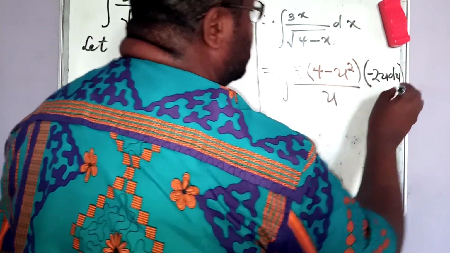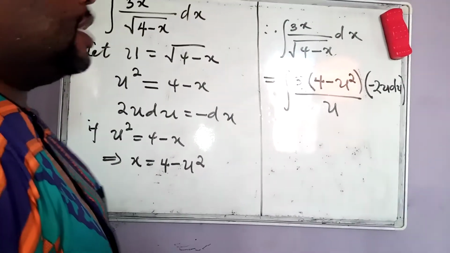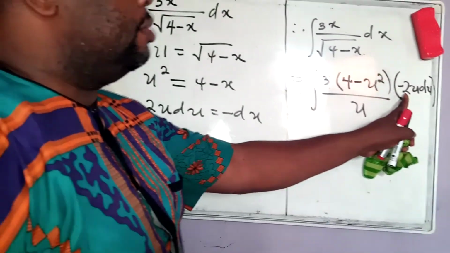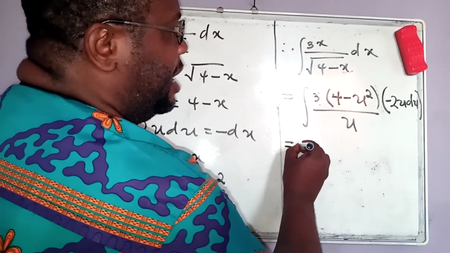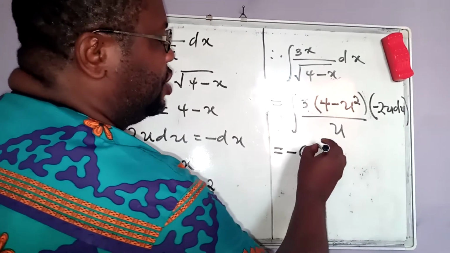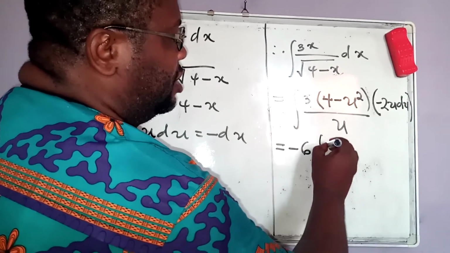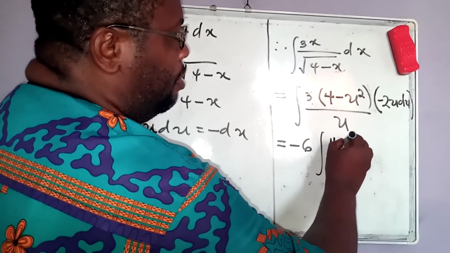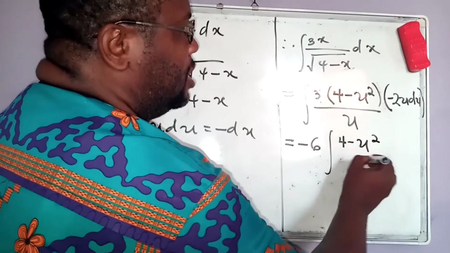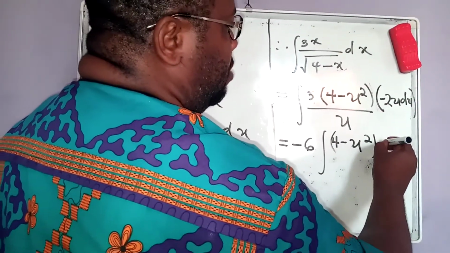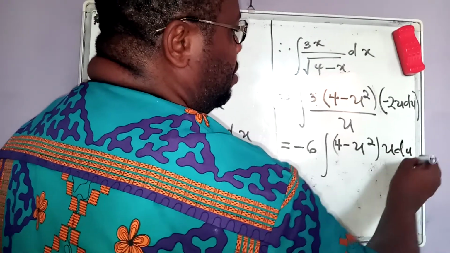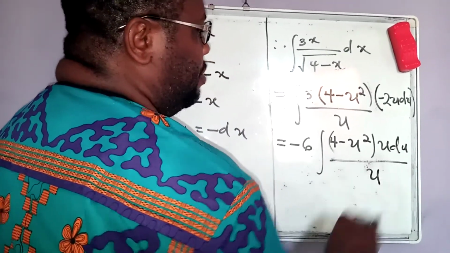Then I close. Okay, now notice that minus 2 multiplies 3 to give me minus 6, which I can bring outside. I have minus 6, then the integral of 4 minus u squared, and all this is multiplied by u du, all divided by u.